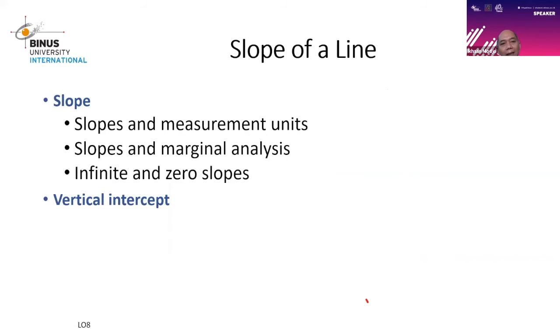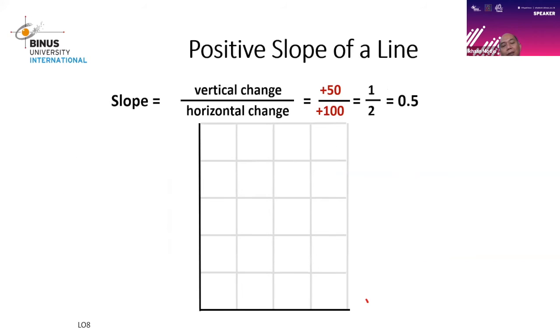Okay, slope of the line. Slope and measurement unit, slope and marginal analysis, infinite and zero slope. Okay, this is what it is, slope, yeah, and vertical intercepts. 1 second. So slope is basically a vertical change, horizontal change. Jadi tadi udah kita already touch this a little bit, yeah. Basically, a slope is what we call as a kemiringan.